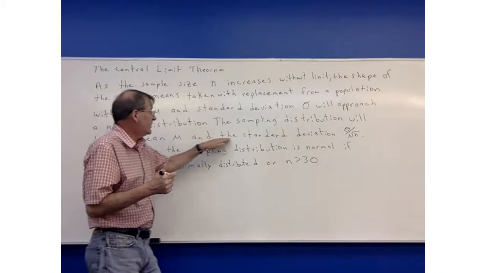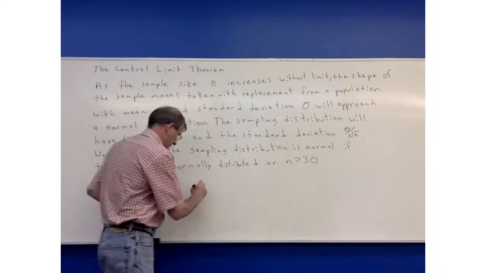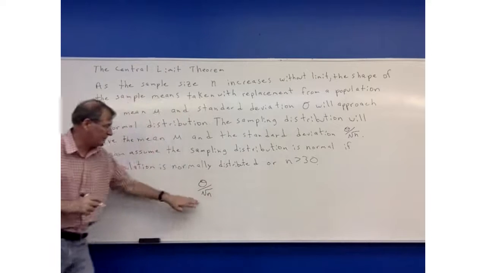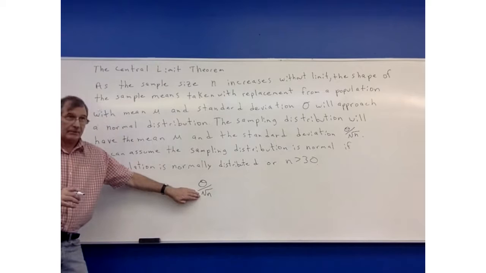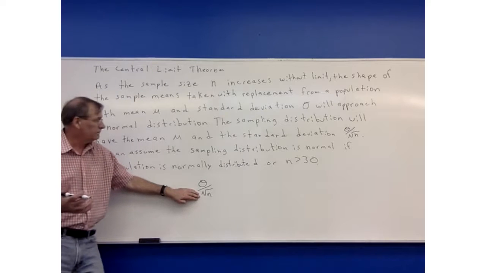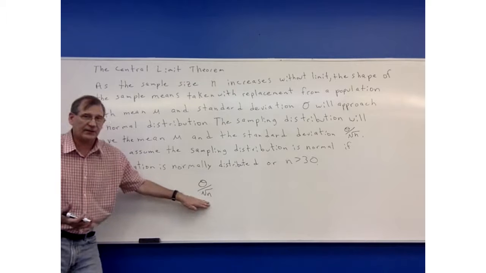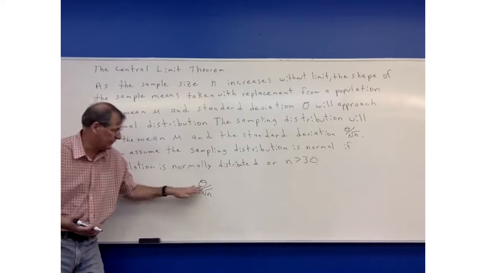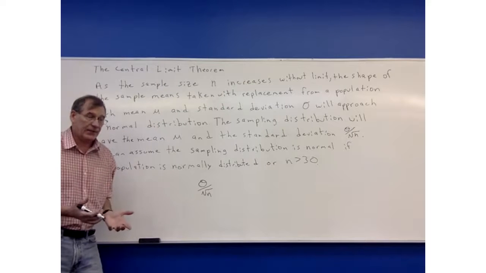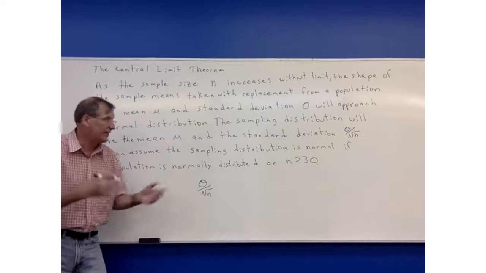And the standard deviation becomes sigma over the square root of n. That's quite nice because the standard deviation could be a real difficult equation, but it's just the square root of sample size. That's it. You just take the original standard deviation divided by the square root of sample size, and that's the standard deviation of the sampling distribution.